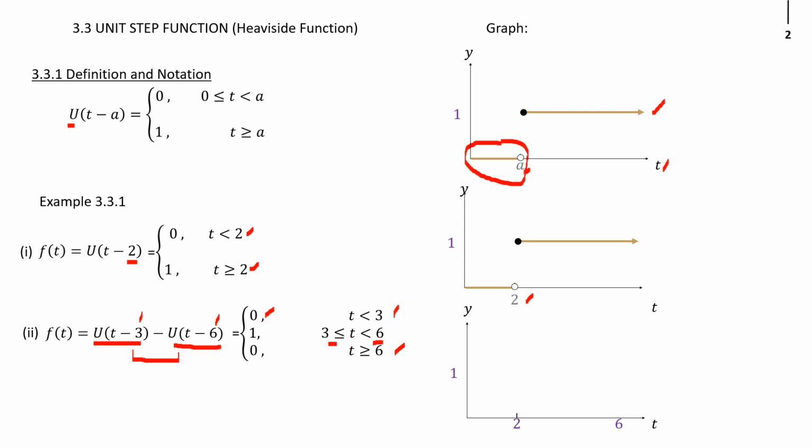The line for the piecewise function is 1 for t between 3 and 6. If t is less than 3 it is here, and t greater than 6 should be here.